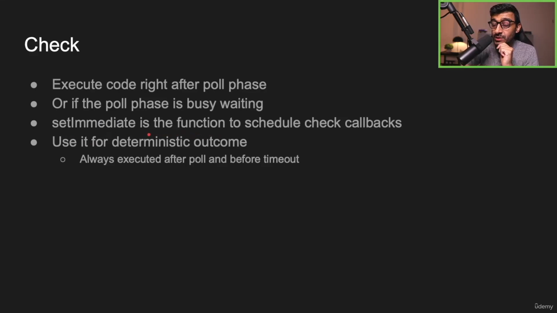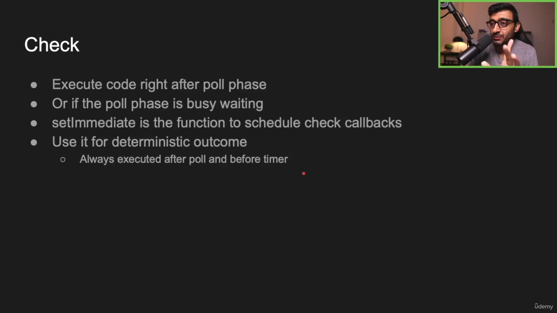So we're going to use the setImmediate function to schedule the check callback, and we're going to use it to produce a deterministic outcome. We know the check phase executes after the poll and absolutely before the next one. If you ever ran a program, you guys, and saw that outputs are different in Node, understand that in certain cases you can control that output and make it consistent.